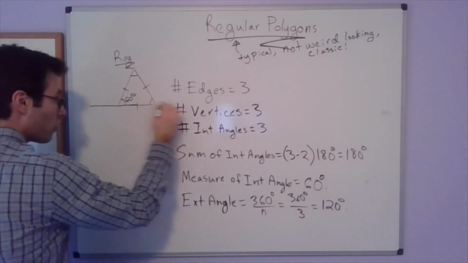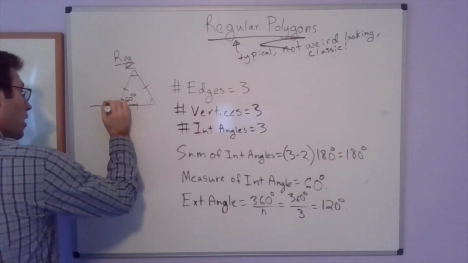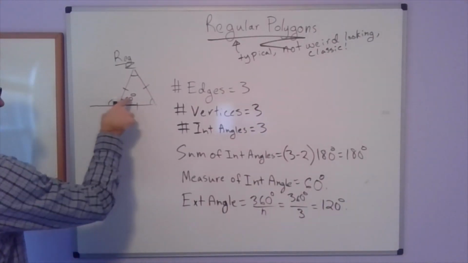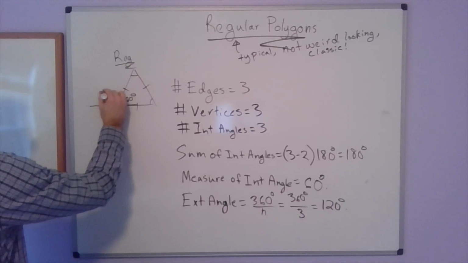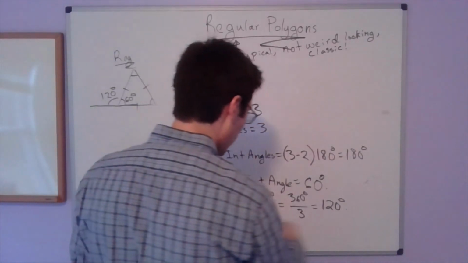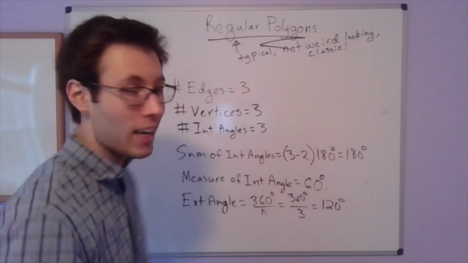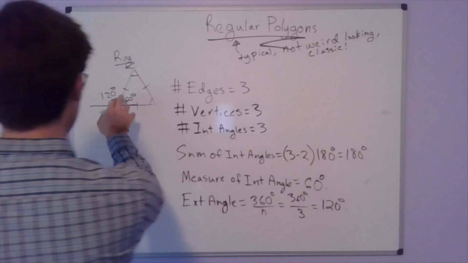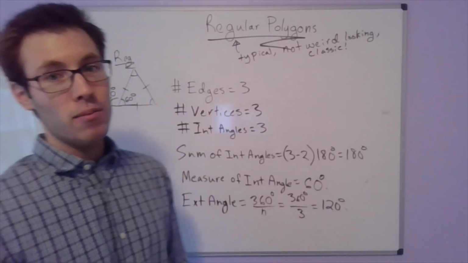It's a line, so you're just extending it. The exterior angle of a triangle would be 180 minus 60, which would be 120 degrees. There is a fancy formula for it. You can use the fancy formula, or you could just take 180 minus the measure of the interior angle, because those form a linear pair.